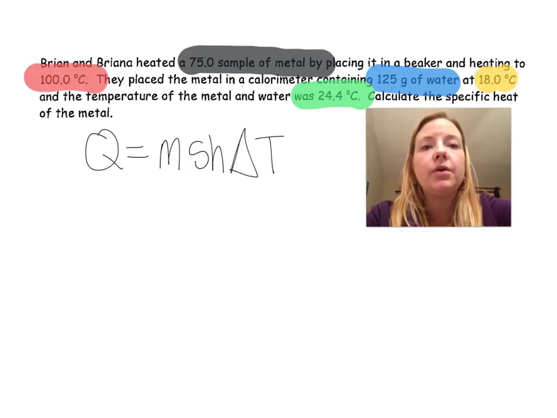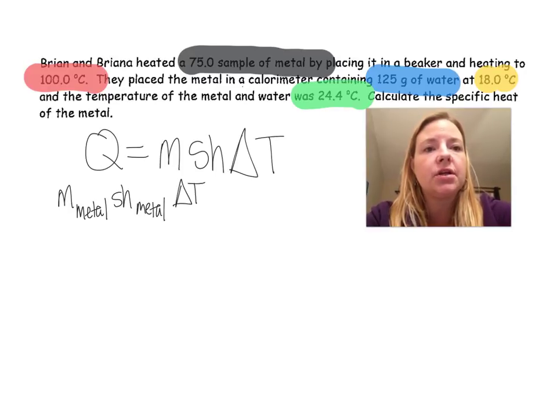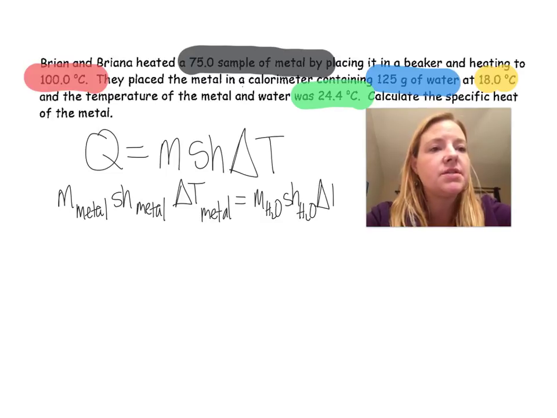And so we are going to be using the mass of the metal times the specific heat of the metal times the change in temperature of the metal is going to be equal to the mass of my water times the specific heat of my water times my change in temperature of my water.